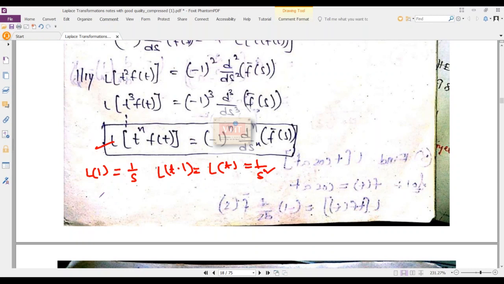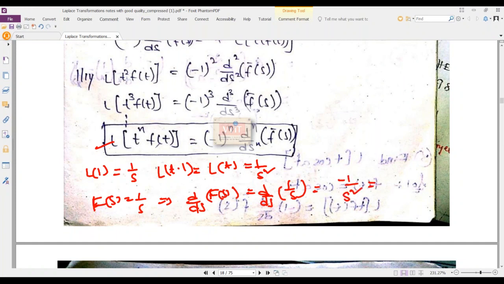So f of s is equal to 1 by s, then d by ds of f of s equals d by ds of 1 by s. So it's in the form of d by dx of 1 by x, which is minus 1 by x square. So that minus is this. And what is the formula I supposed to mention?